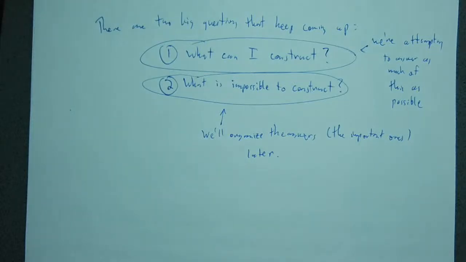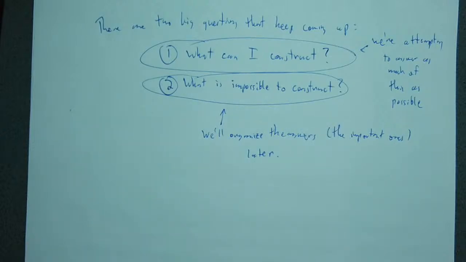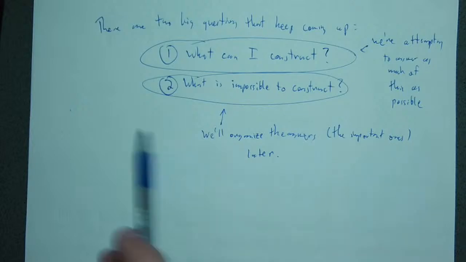But as it turns out, these questions of what's impossible to construct, because the tools that were required to answer them didn't come until thousands of years later, the answers didn't come directly from geometry. They actually came from algebra. It wasn't until some algebra tech was invented that it was possible to answer these.